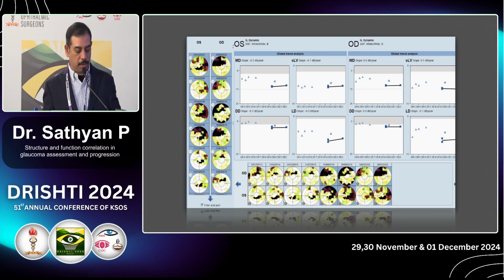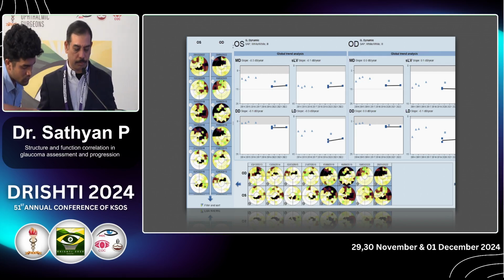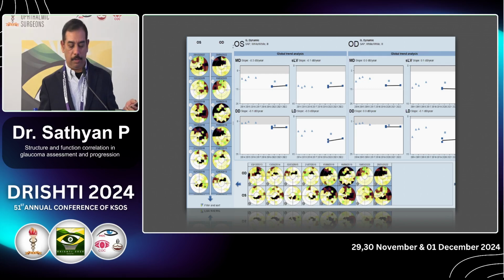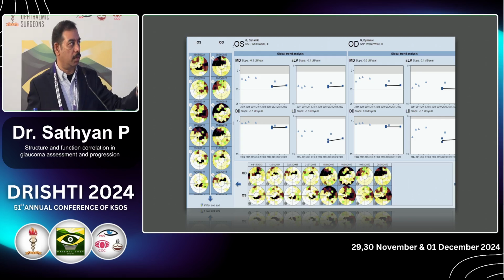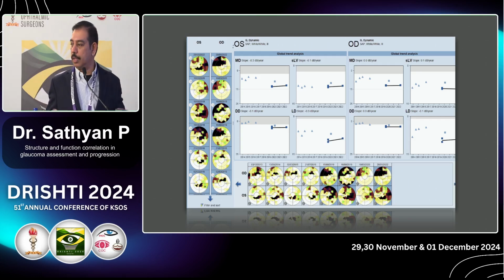Okay, you have the other mic. Okay, let me just, you have a red one. You can see those triangles. The triangles indicate it is a different machine. It is a different Octopus machine. That is the 300 series, and you can see the squares. That is the 900 series. So we know which machine is being used, how it is being plotted. You can see that you have one. Yeah.